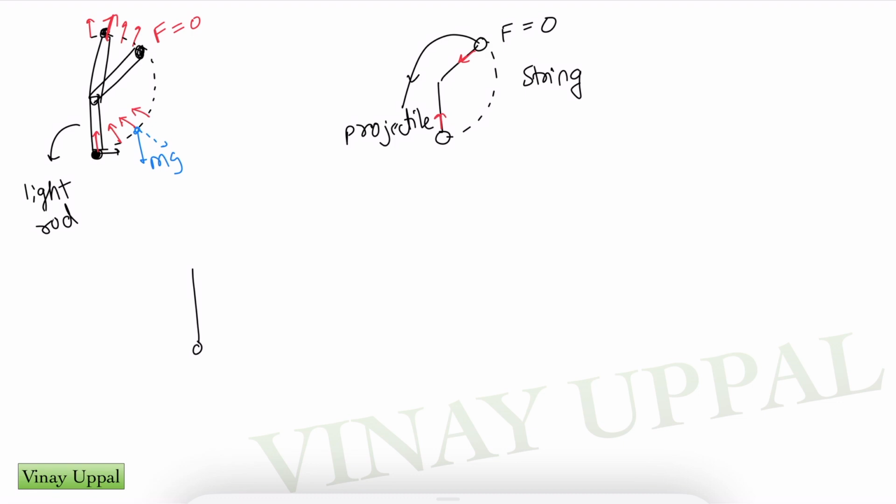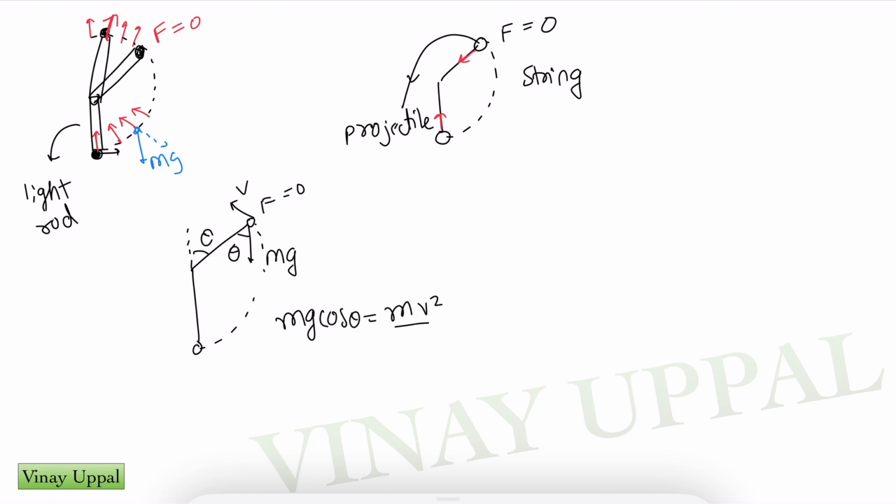So in order to figure out where the force becomes 0, it's very straightforward. Suppose this angle is theta. I have mg. And the force here is 0, let's say the speed is v. So one equation that I can write is mg cos theta will provide the centripetal acceleration, so mv squared by r. And suppose you know the initial speed, can you get the final speed just by energy conservation or work energy theorem?